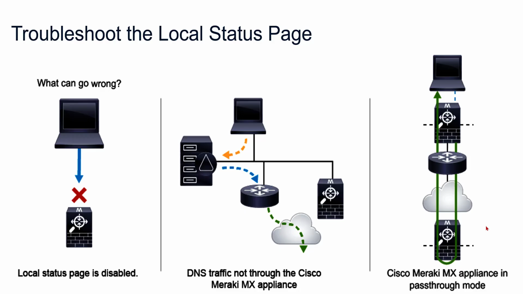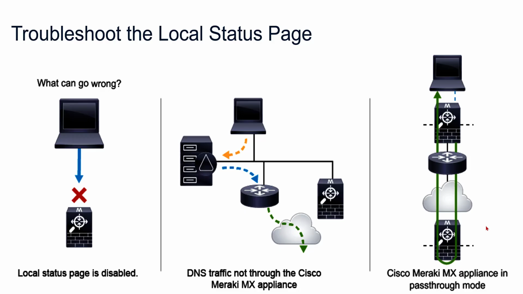There are 3 classic failure scenarios when you're accessing the local status page. It's disabled, the DNS traffic isn't hitting the Meraki device, or the MX is in pass-through mode. The local status page feature could be turned off.